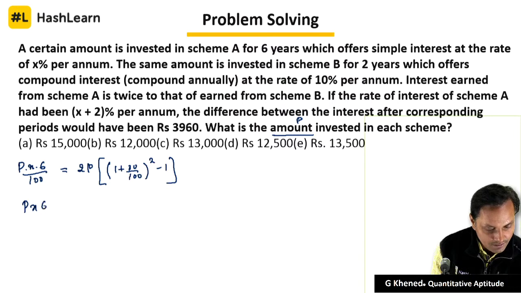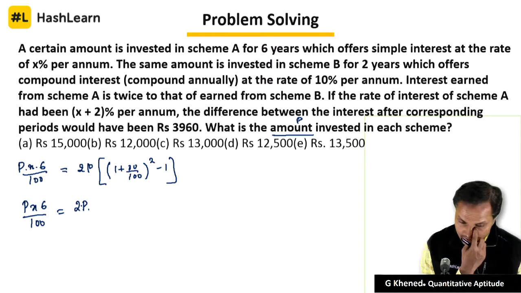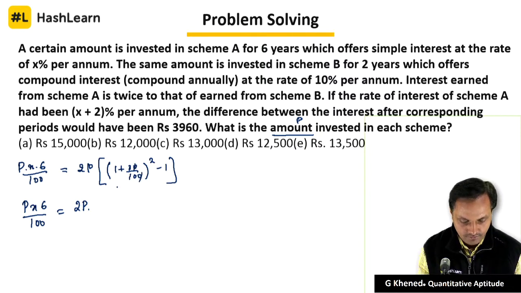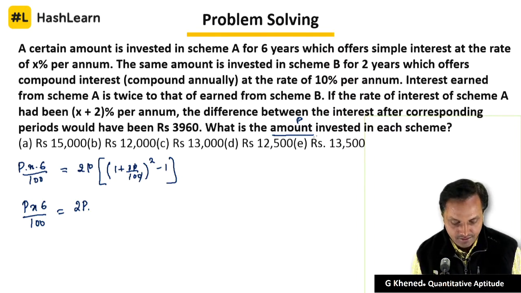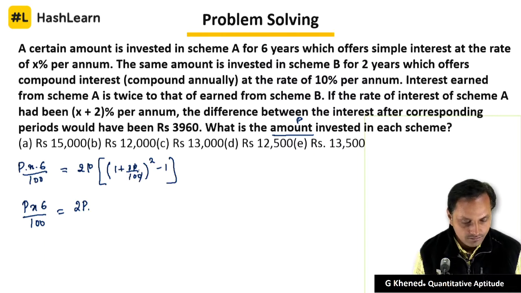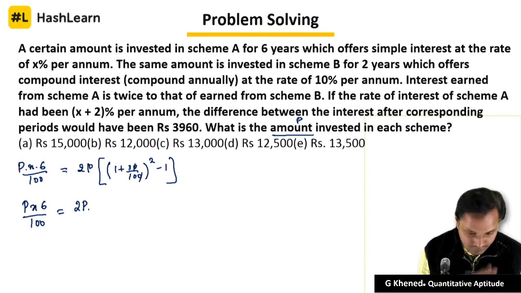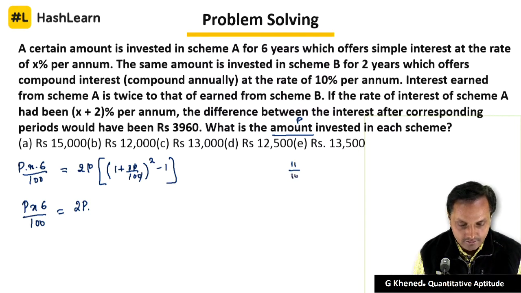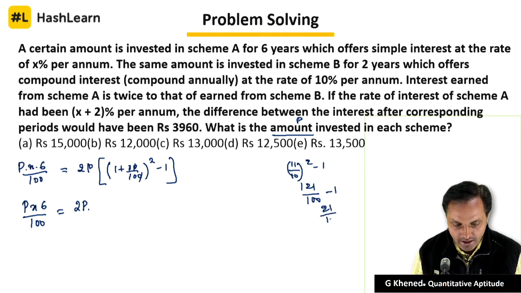P into X into 6 by 100 is equal to 2 times P. If you cancel this, let me do the simplification here. 1 plus 1 by 10, 11 by 10 whole square minus 1, 121 by 100 minus 1 will give you 21 by 100.